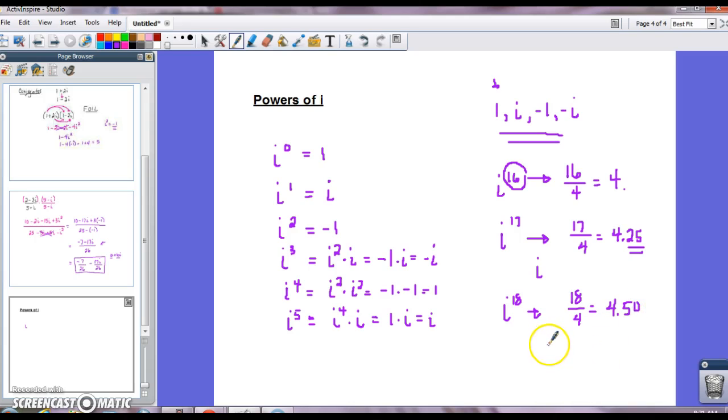That would give me i squared, or -1. And then i to the 19th would be 19 divided by 4, which would be 4.75, and that would give me -i as an answer. So this first one would be 1, this would be i, this would be -1, and this would be -i. It's all based on that decimal that you get.